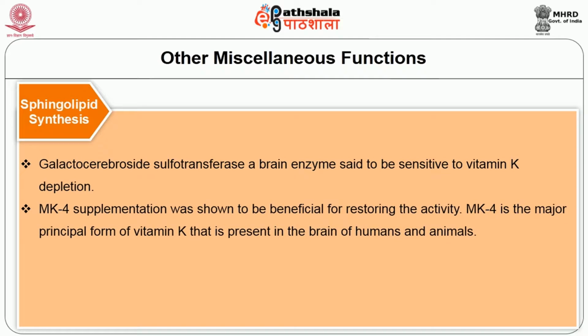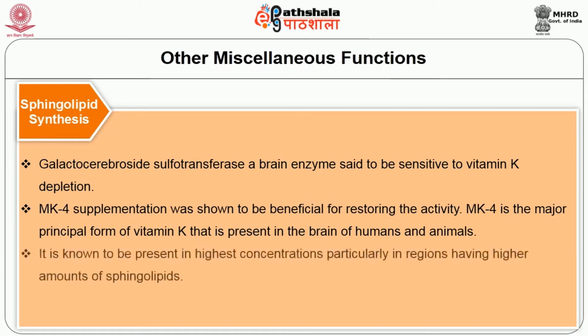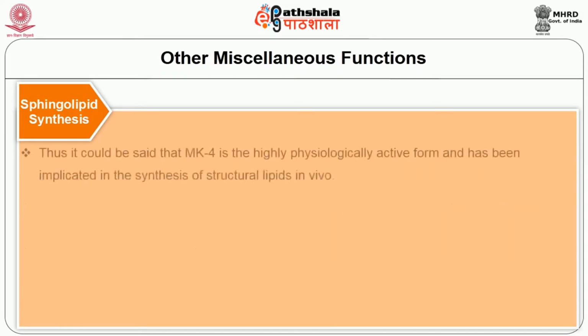MK4 is the major principal form of vitamin K present in the brain of humans and animals. It is known to be present in highest concentrations, particularly in regions having higher amounts of sphingolipids. Thus, it could be said that MK4 is a highly physiologically active form and has been implicated in the synthesis of structural lipids in vivo.